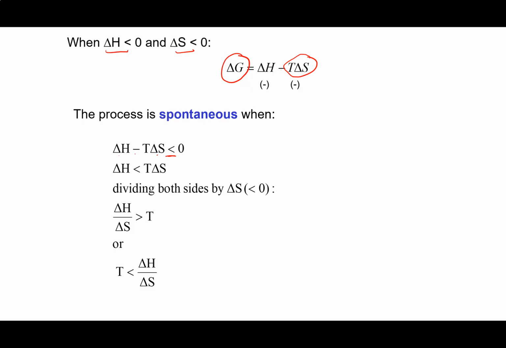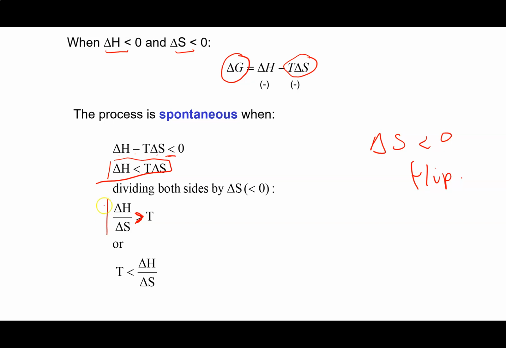So again, I'm going to just add T delta S to both sides, so that gets me to here. And then I'm going to divide both sides by delta S. Now I have to remember in this case that delta S is less than 0, so I need to flip my inequality when I do the division. So I divide both sides by delta S, and I flipped my inequality there.